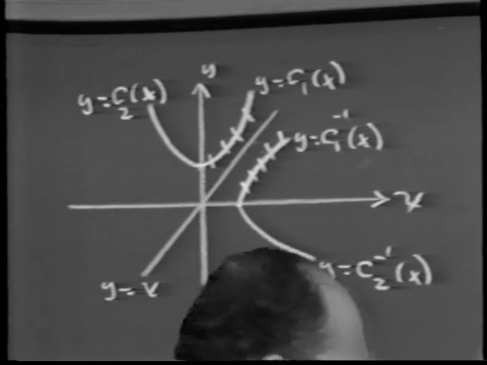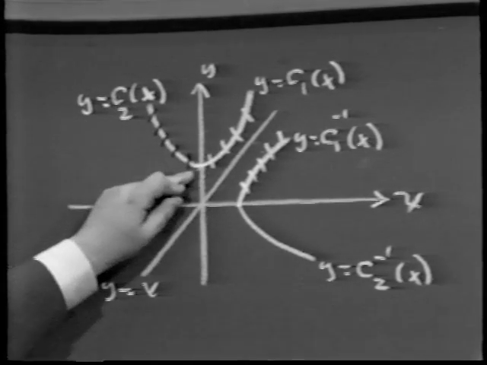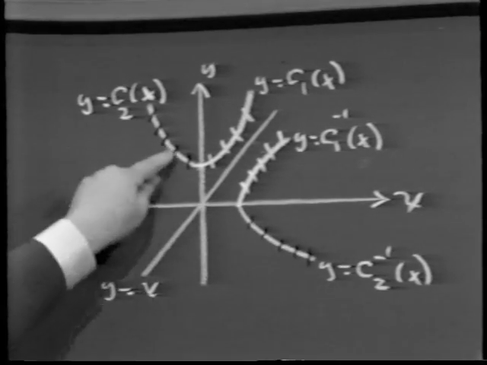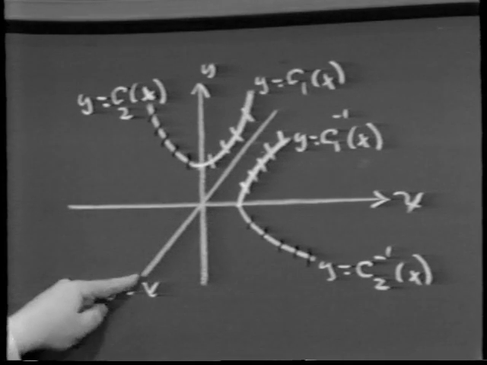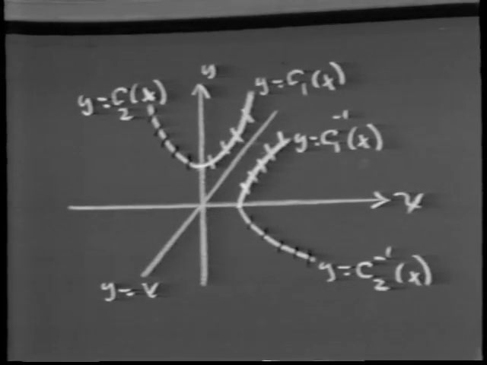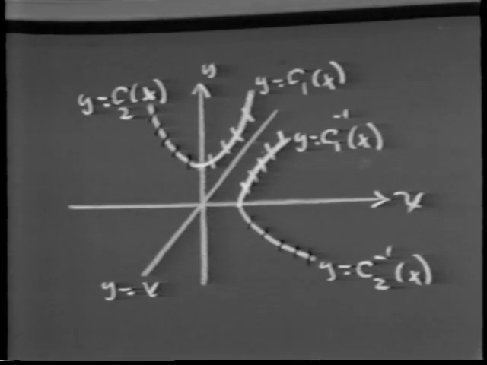And if, on the other hand, we look at y equals c2 x, that's this branch over here, its inverse is this. Notice that these two pieces are symmetric with respect to the line y equals x, and these two pieces are symmetric with respect to the line y equals x. As long as we break this down into the union of two pieces, we can talk about inverse functions.